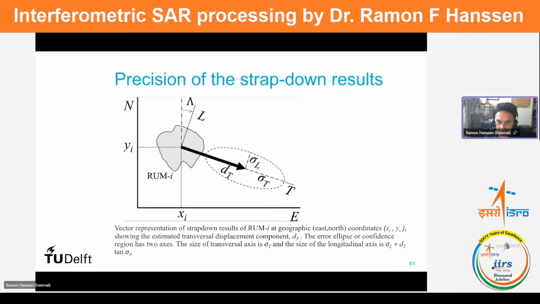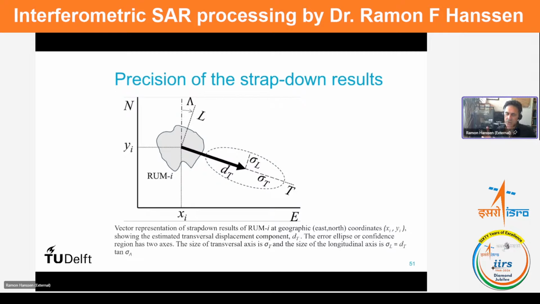But because we have this uncertainty in the orientation of the frame, we also have an uncertainty in the longitudinal component. So the longitudinal component is 0, by definition, because this is how we define the frame. But there is uncertainty. And that means that our displacement vector will become a vector with a confidence ellipse around it. That is what you see over here.